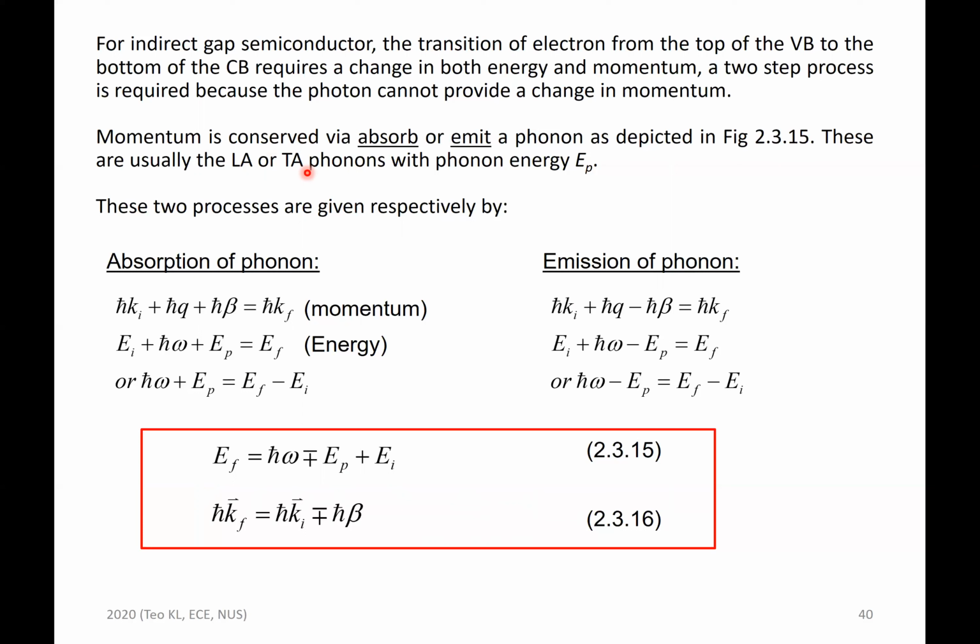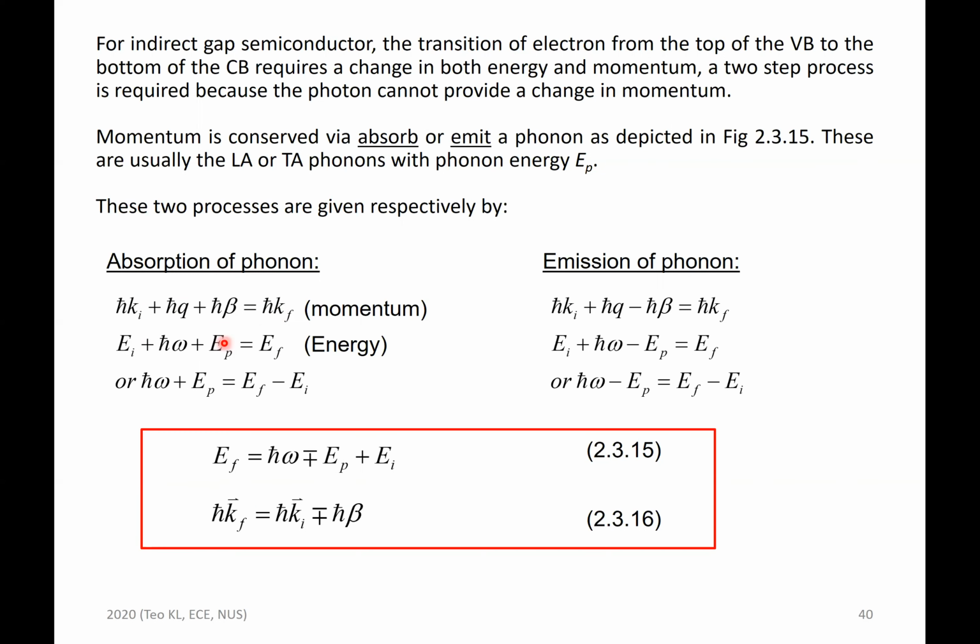Now, for absorption of a phonon, the initial wave vector of the electron plus the photon wave vector plus the phonon wave vector equals the final wave vector of the electron.